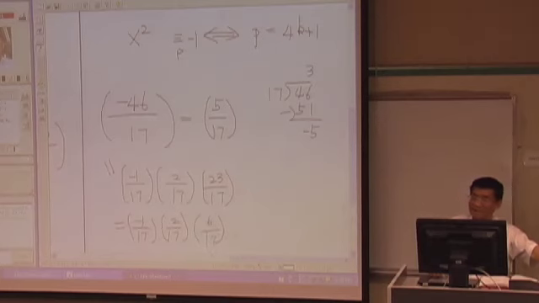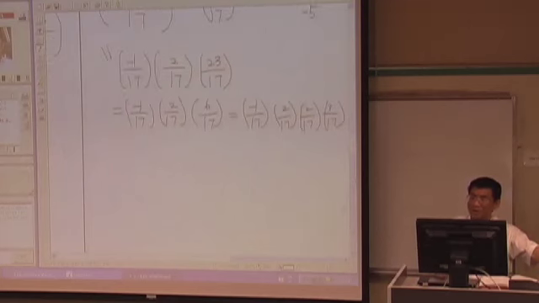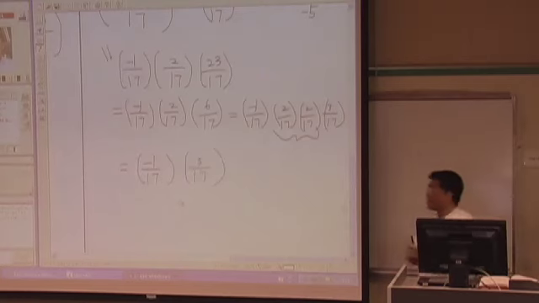And then 6, by the product property, is 2 times 3. And we have 2 squared here, then by the square property, it is 1, right? So we can get this kind of result, right?